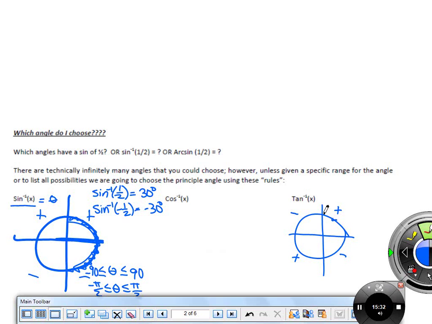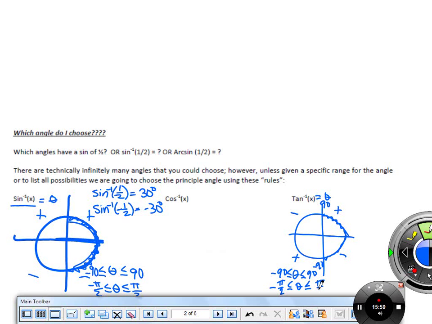So they can still pick these same ones and capture tangents that are both negative and positive by using the same thing from negative 90 to positive 90. So when you calculate this angle for the inverse tangent of x, it's going to follow the same rules as the sine, for this reason that you can get the negatives and the positives by doing that. So those two are going to be the same.